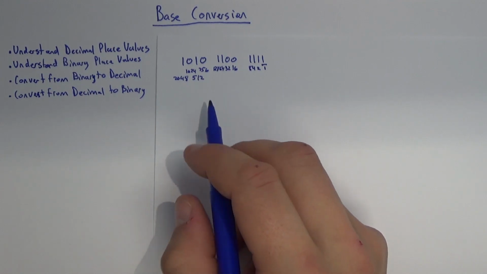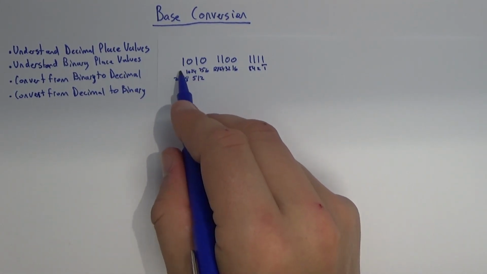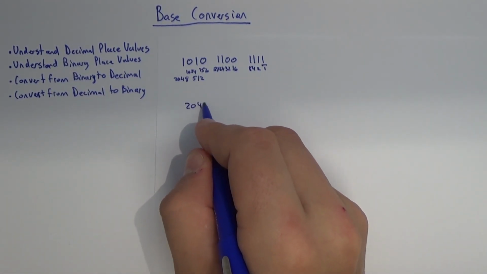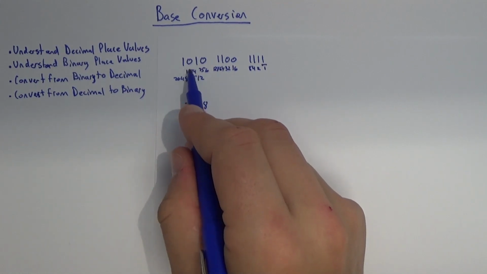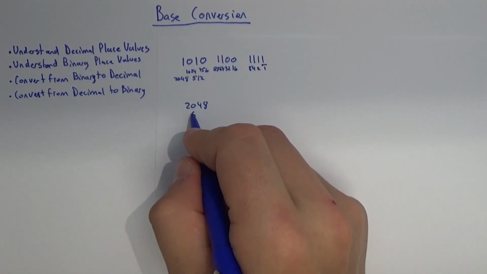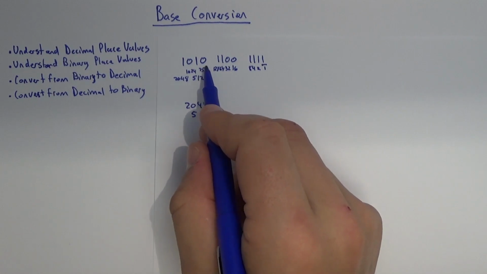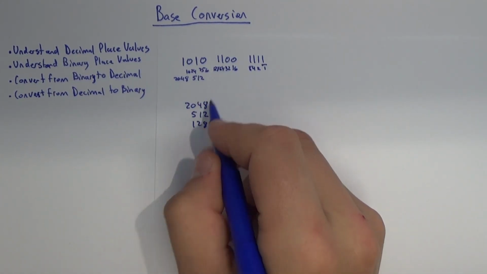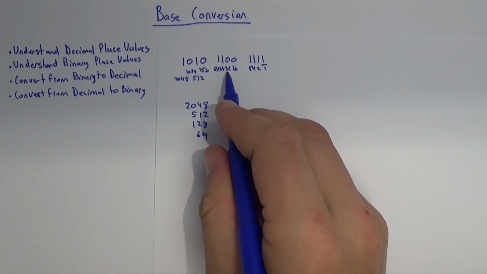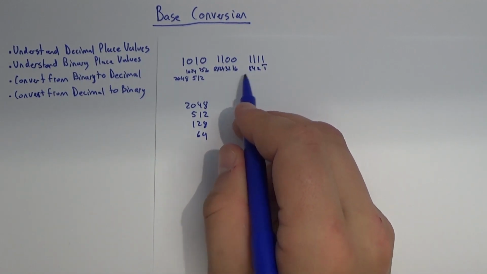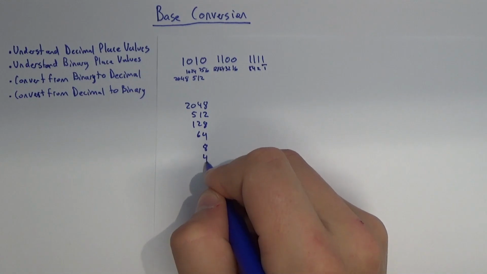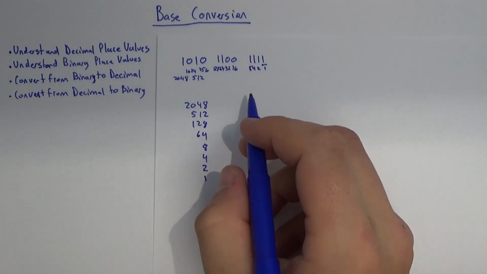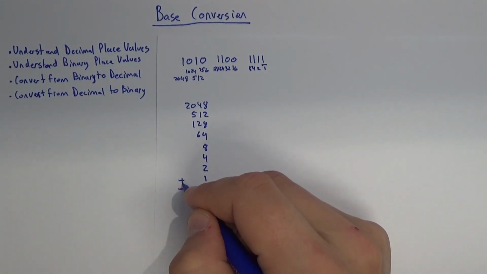Okay, so I have 1 in my 2048s. So I've got 2048 there. I don't have any 1024s. I do have a 512. I don't have any 256s. I do have a 128, and I do have a 64, but no 32s, no 16s. And then I have an 8, a 4, a 2, and a 1. Right, then I'm going to add all those up.